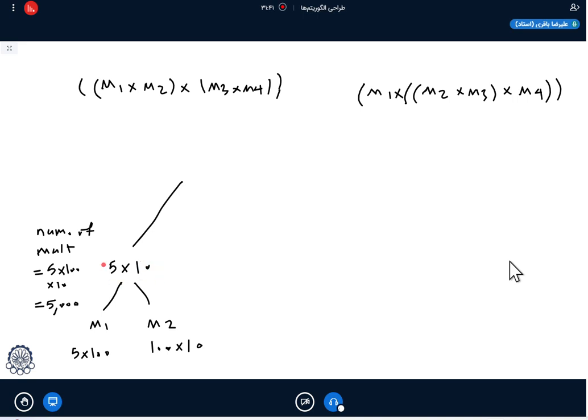The result is a matrix which has 5 rows and 10 columns.